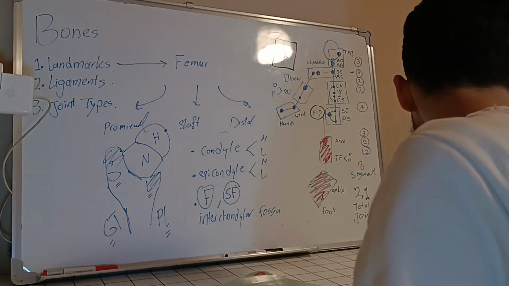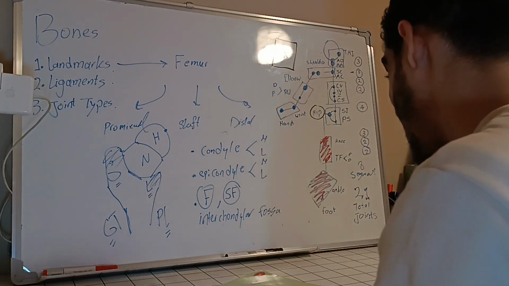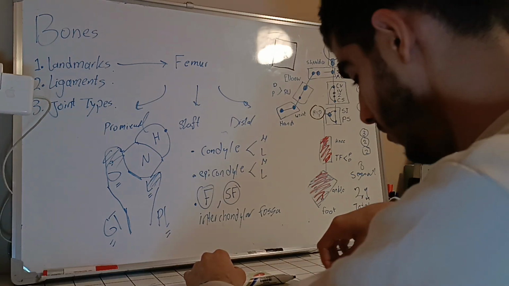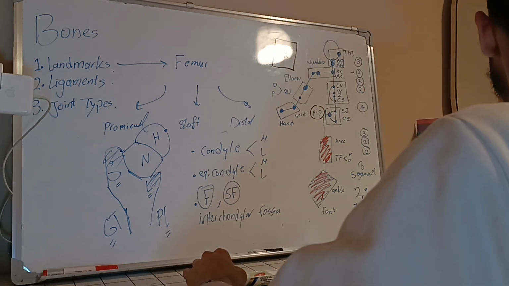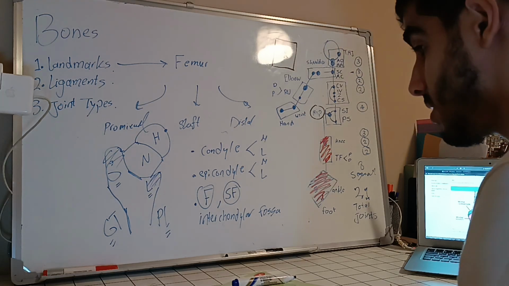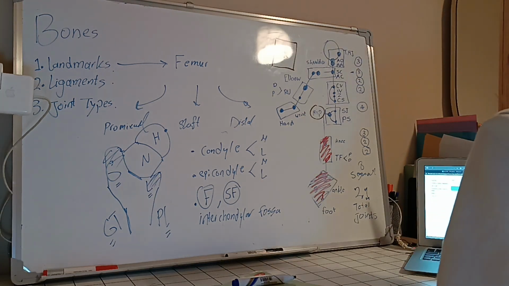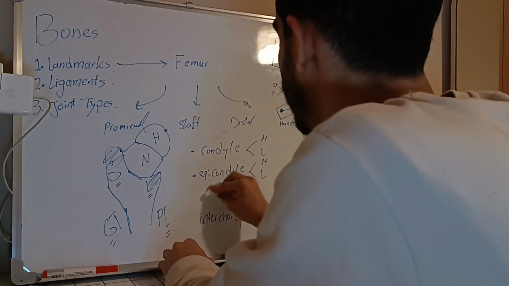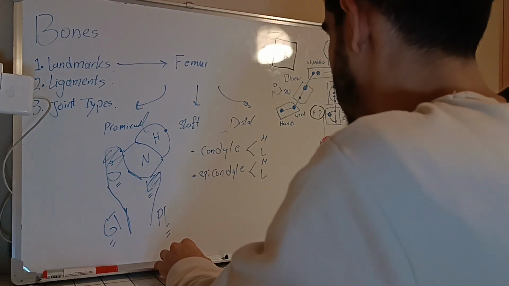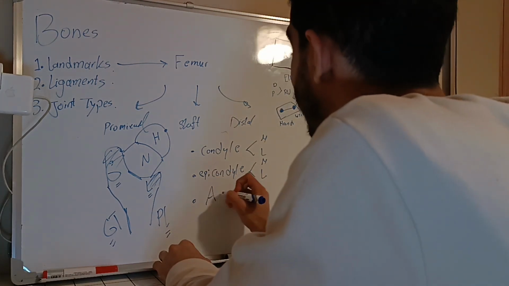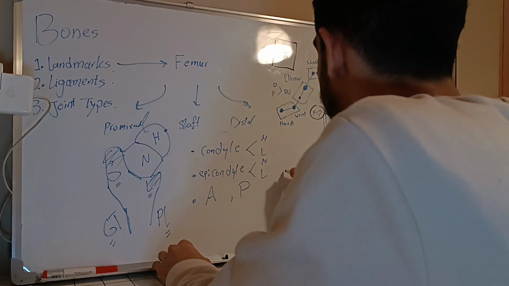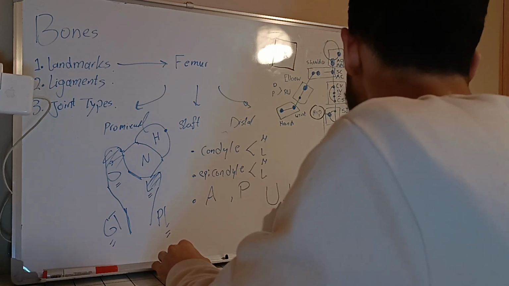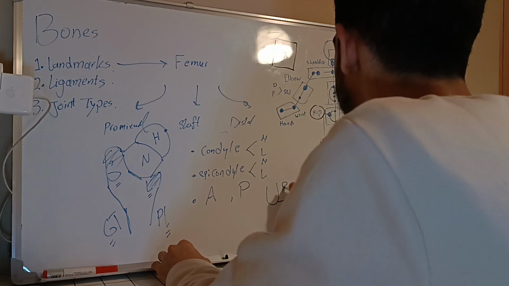Posterior surface. Actually, we can categorize them in a different way. Basically, we can have something in the anterior and something in the posterior. This is the posterior part.